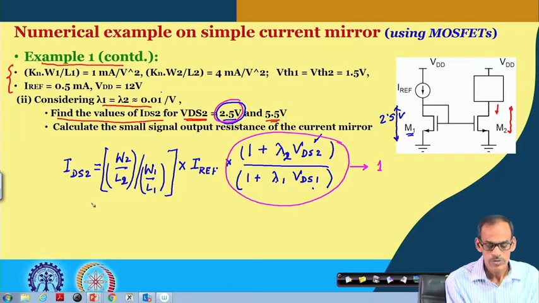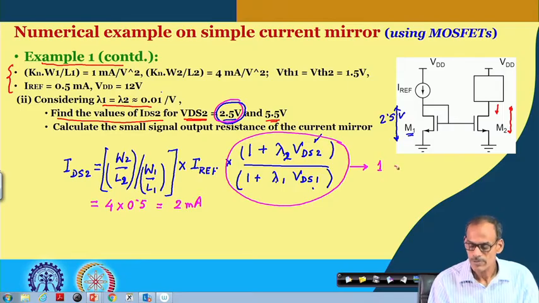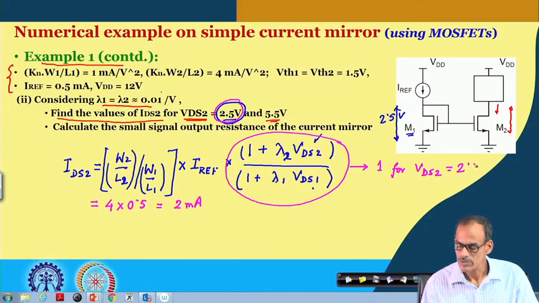As a result, the corresponding current here is coming. So, this ratio is 4 and I reference, as I said, is 0.5. So, that gives us 2 milliampere, and this is for VDS 2 equals 2.5 volt.